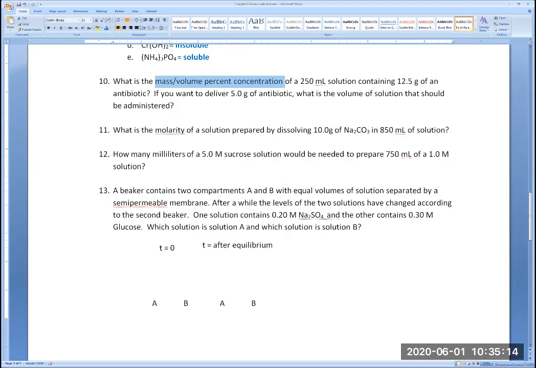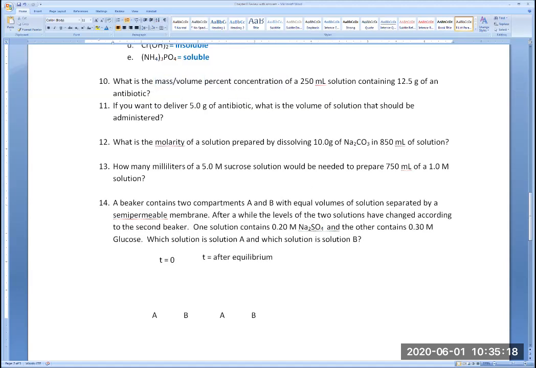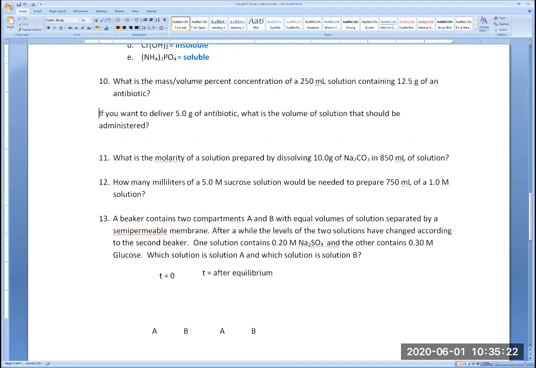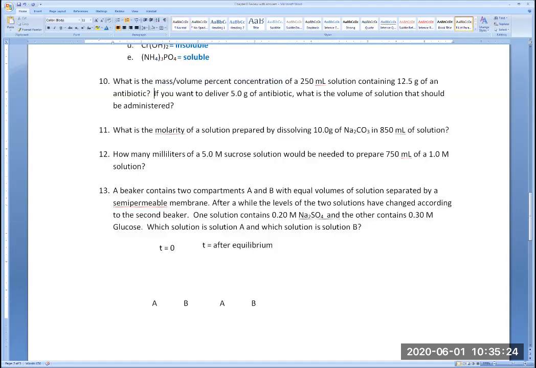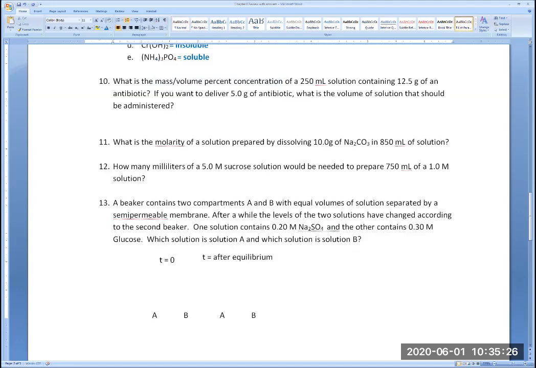Let's answer this one. What is the mass per volume percent of a 250 milliliter solution containing 12.5 grams of an antibiotic?